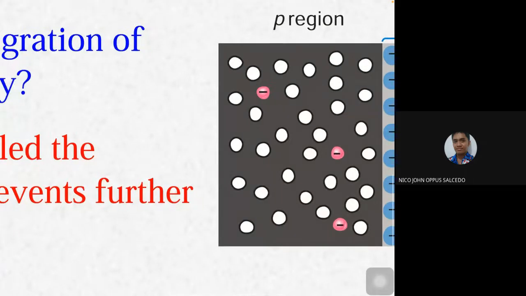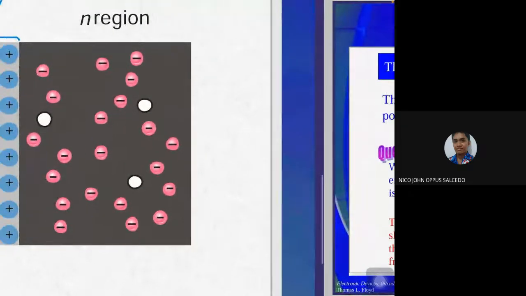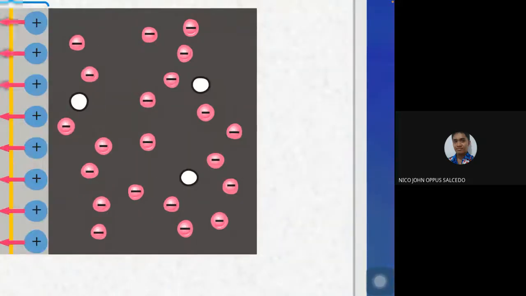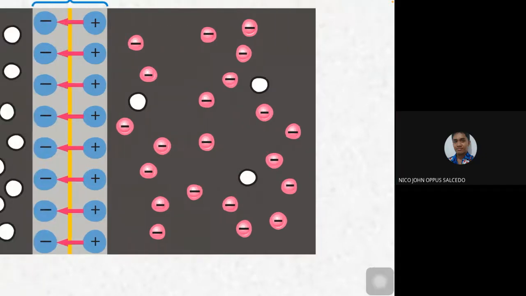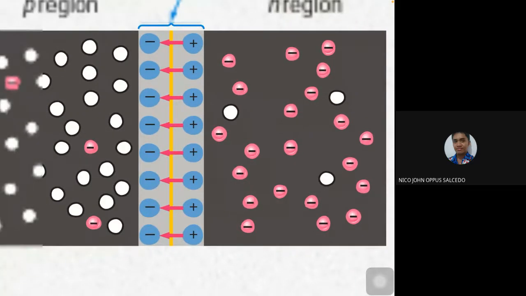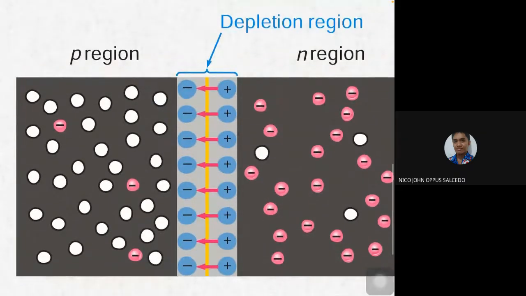The N-type material is full of free electrons roaming about, okay? So if we physically stick the two together, an intermediate region forms that we call the depletion region.